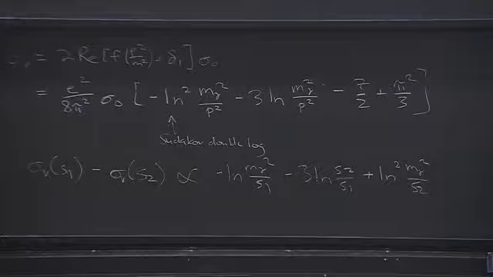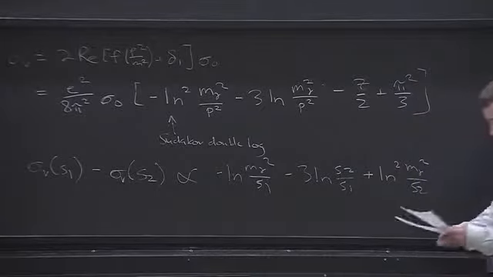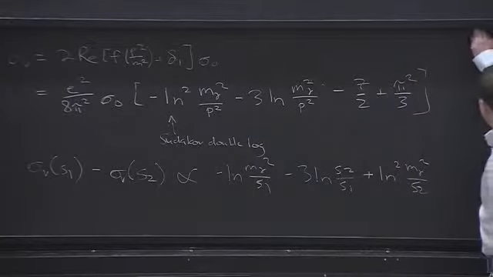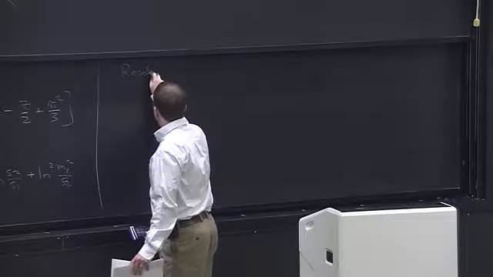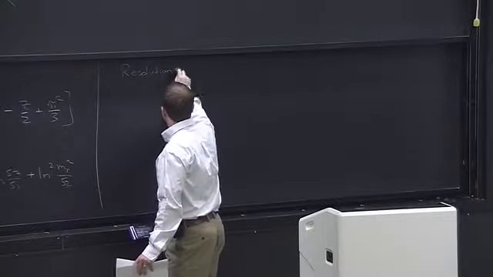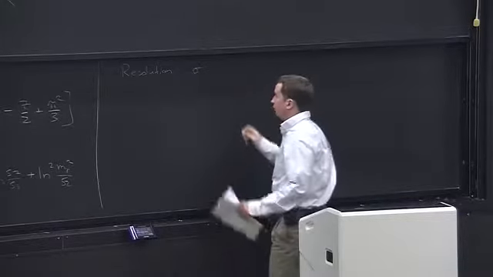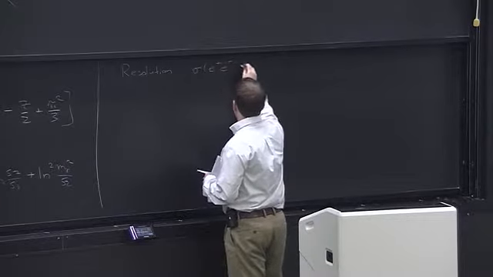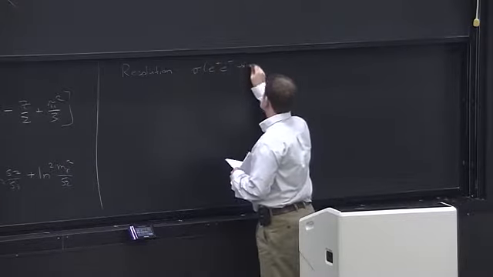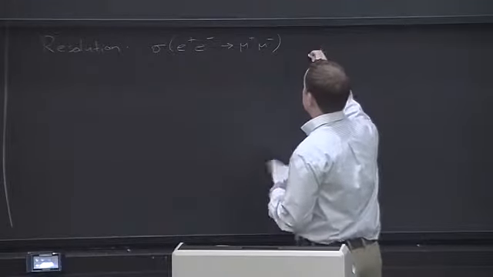So the only way we can resolve this issue is by abandoning the idea that the electron positron to muon anti-muon cross-section is observable.